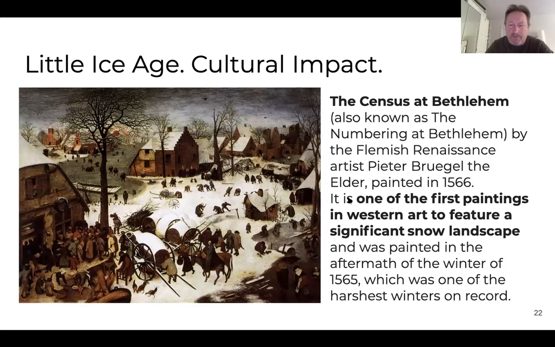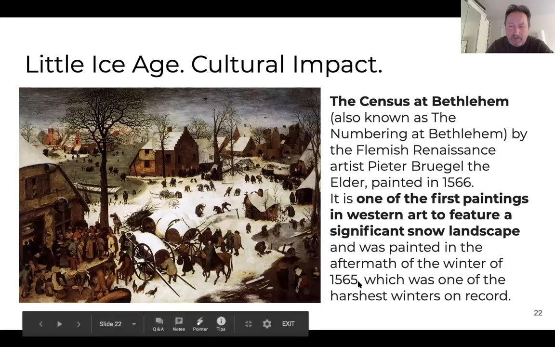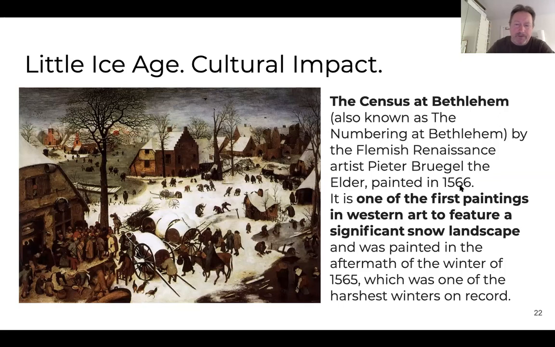It is one of the first paintings in Western art to feature a significant snow landscape and was painted in the aftermath of the winter of 1565, which was one of the harshest winters on record. And the painter is Pieter Bruegel the Elder.